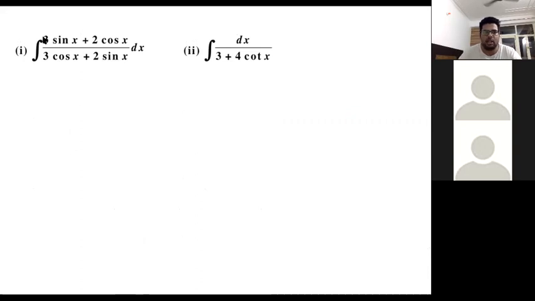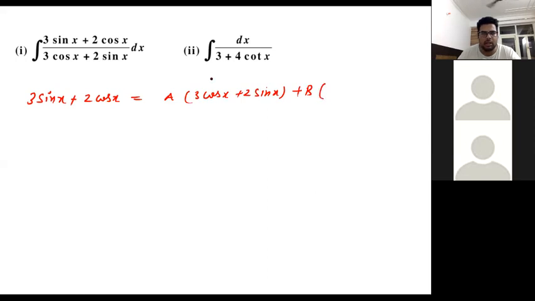Let us say we have this expression: 3 sin x plus 2 cos x is equal to some constant into the denominator 2 sin x plus some constant into the derivative of this, so minus 3 sin x plus 2 cos x, right? And there is no need of any constant because only the terms of cos x and sin x are involved. So just try to figure out and tell me the value of a and b here.